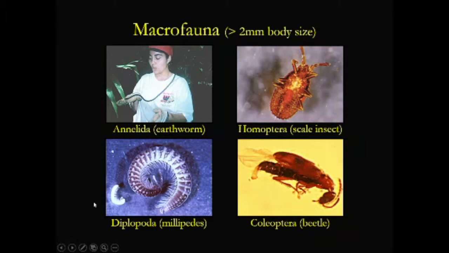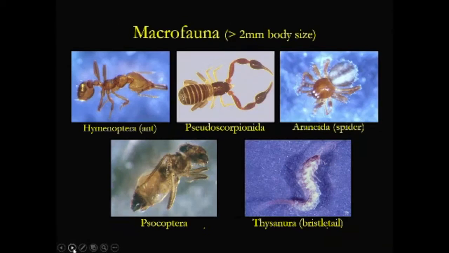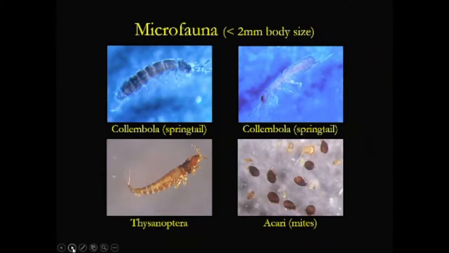And just some examples of the macrofauna that we see here in El Yunque National Forest. The earthworms are very abundant. We also have Homoptera, the millipedes, the beetles, ants, pseudoscorpions, spiders, and in terms of the mesofauna, that community is mostly dominated by the Collembola, the springtails, and the mites.